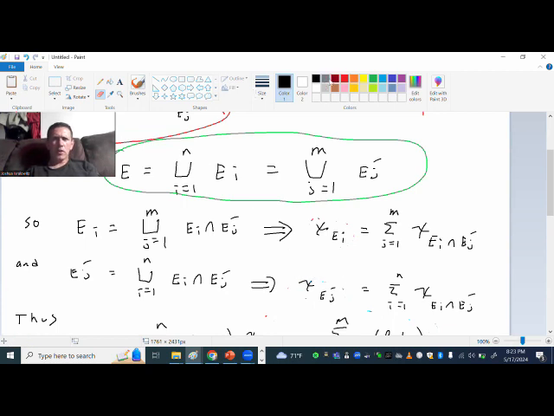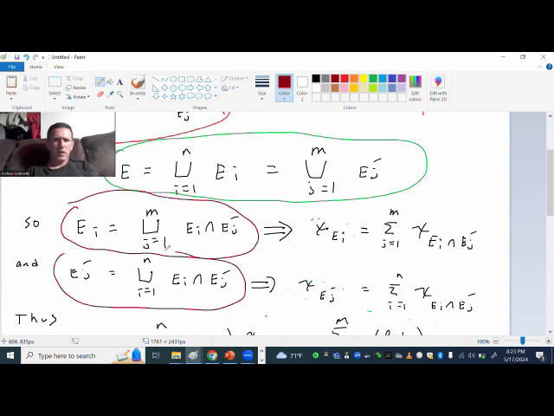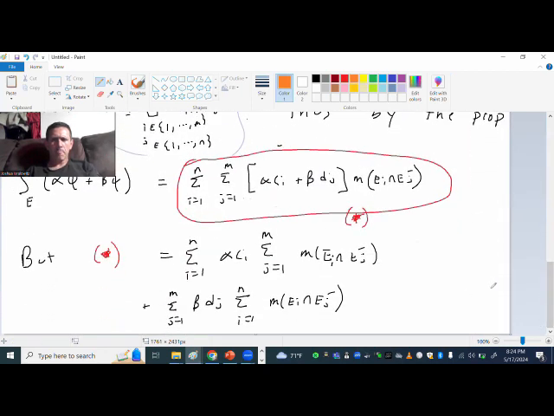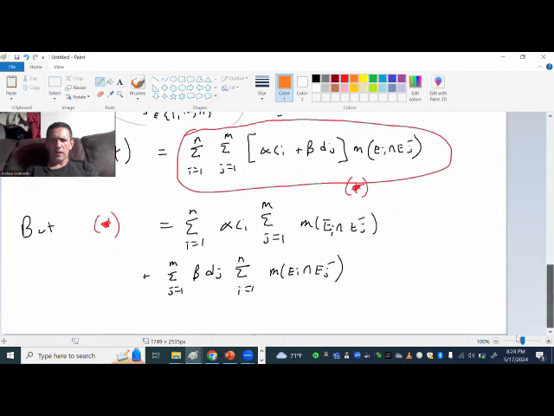We're going to use both of these now. This says the measure of E_i is the sum of the measures of these over j equals 1 to m. Same thing for E_j prime: the measure of each one is the sum i equals 1 to n of the measure of both of these. So we're just going to plug this in here, and then we'll be done.